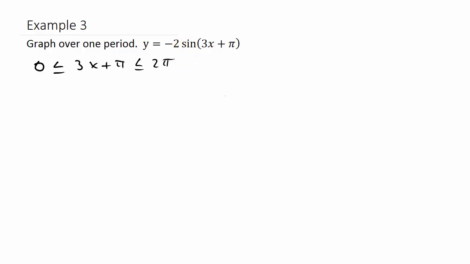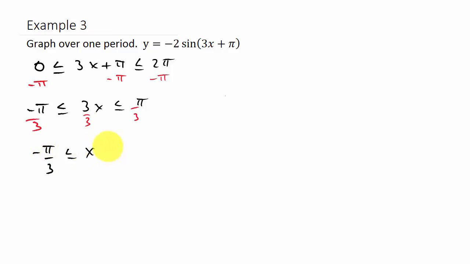Now I'm going to subtract pi. And so that's going to give me -pi less than or equal to 3x less than or equal to pi. And then I'll divide everything by 3. And so that's going to give me negative pi over 3 less than or equal to x less than or equal to pi over 3.